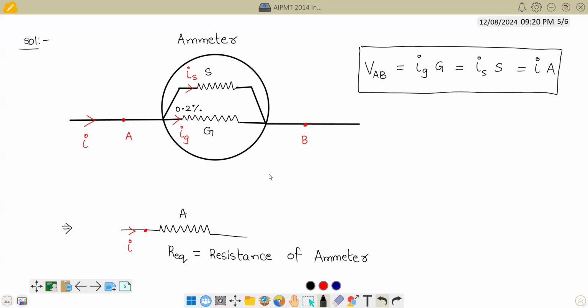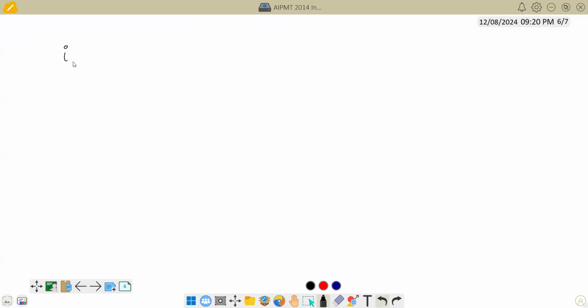Now, using this equation, let us solve the problem. In the problem, the current through the galvanometer is 0.2% of the total current.